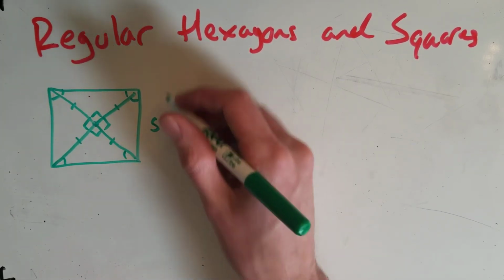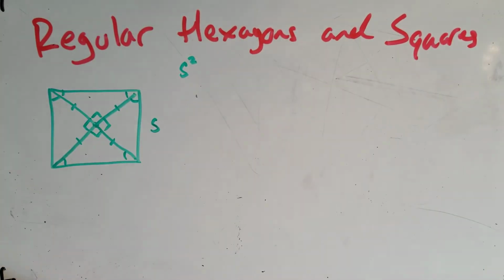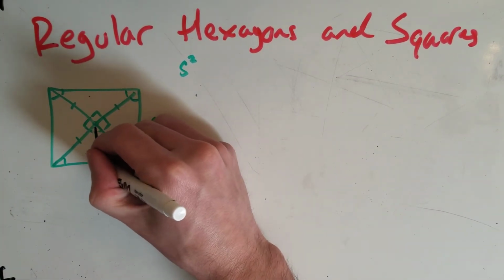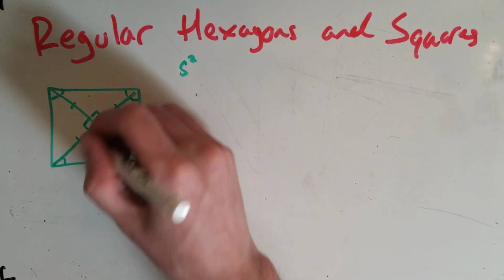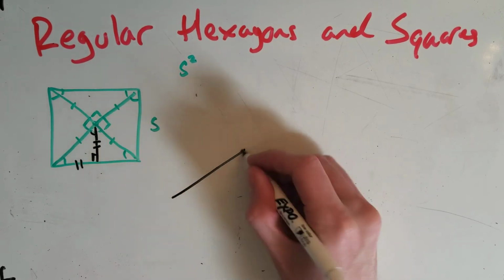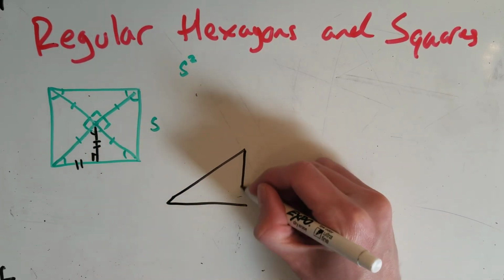Obviously, to find the area of a square, you could just do the side squared. That shouldn't be too hard to figure out. But if we look into drawing that apothem to investigate a little further, you're going to create a smaller 45-45-90.